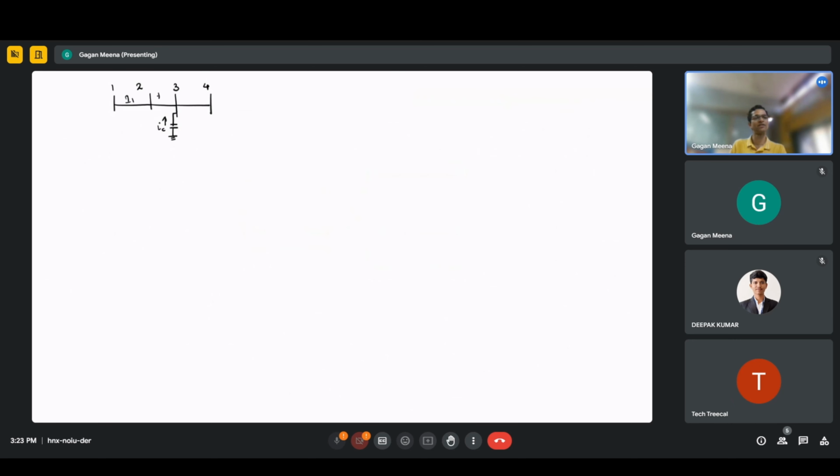This is branch current I1, this is I2, this is I3, this is I4. And we have a load at each of these: P2 plus jQ2, P3 plus jQ3, P4 plus jQ4, and P5 plus jQ5.